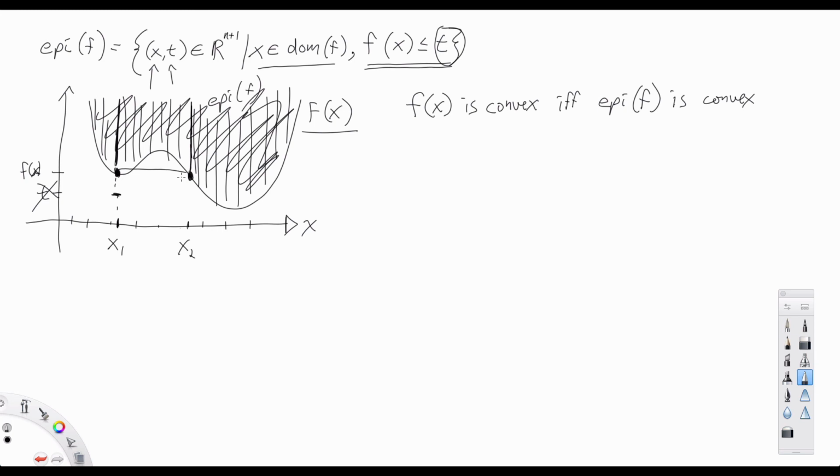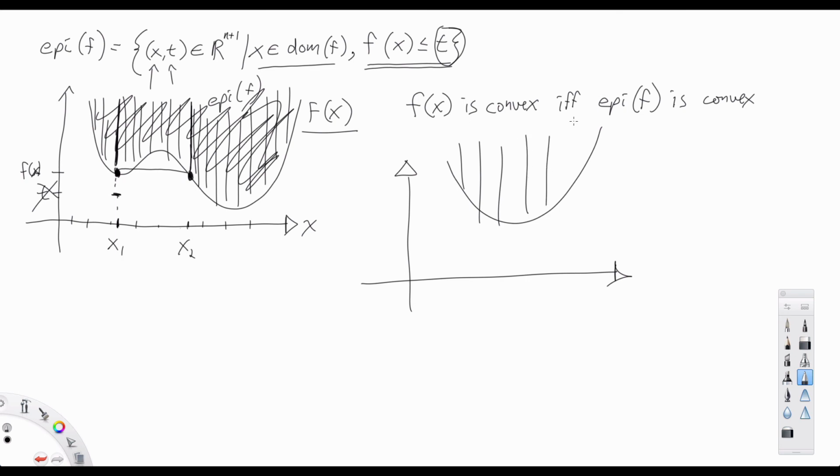So therefore the epigraph of f is not a convex set, and therefore f of x is not a convex function. If we were to draw some other function that is convex, and then think about the epigraph of this, no matter how many combinations of points that we choose in the epigraph, if we connect a line in between them, it's going to stay in the set that is the epigraph of f.